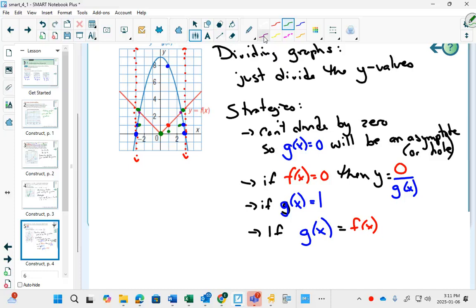Can you see that in this middle section it really looks like it's going to go up towards these asymptotes like this? Now, in the other section, on this side of the asymptote and this side of the asymptote, the blue one is negative, the red one is positive. Does it make sense that negative divided by positive or positive divided by negative is going to be a negative answer?